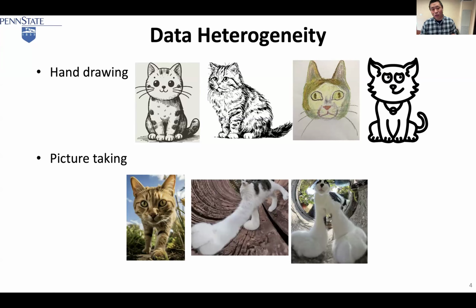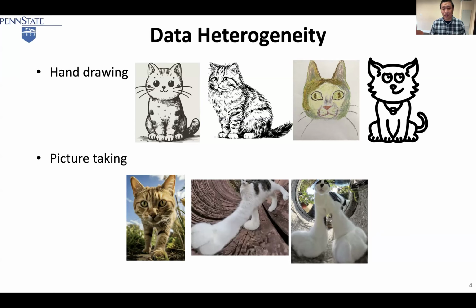You have different drawing styles, different camera qualities, different resolutions and noise levels. From a machine learning point of view, this is called a heterogeneous dataset, because the data points cannot come from a single consistent distribution. Instead, this is a mixture of different levels, noise levels, and data generation processes.